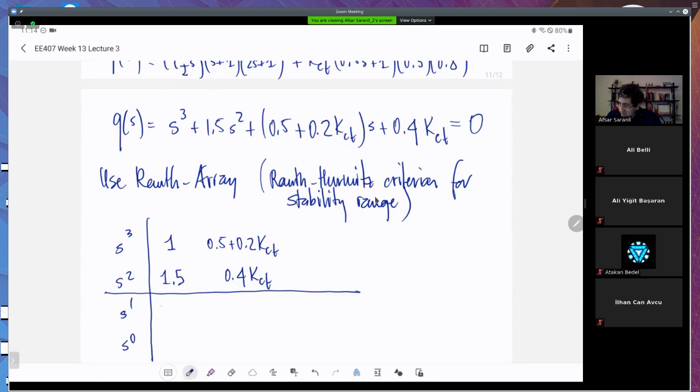Let's calculate the value here. A is equal to 1.5 times (0.5 plus 0.2 KC) minus 0.4 KC, over 1.5.